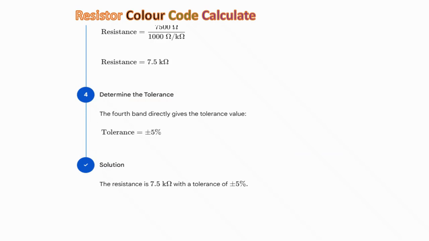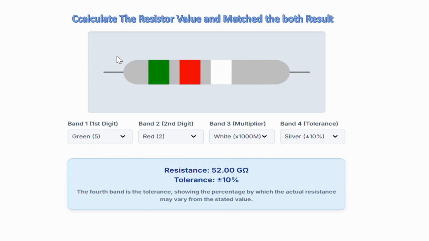Okay. So now the next step will be comparing the value and matching the result with the tools. Well, now we have just calculated the value of resistors in the tutorial a few minutes ago. So now we are using the tools to calculate the resistors and match the previous value of resistance, to see if both results are matching or not.